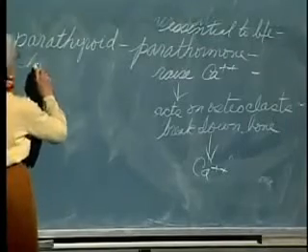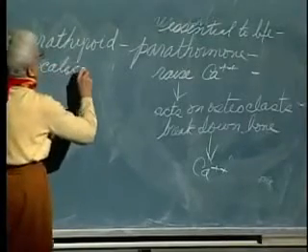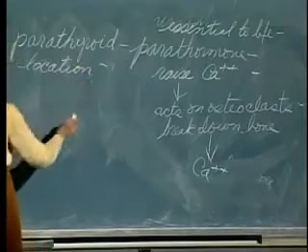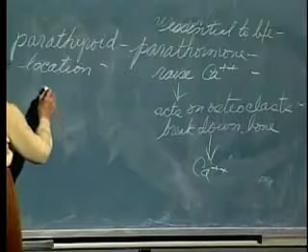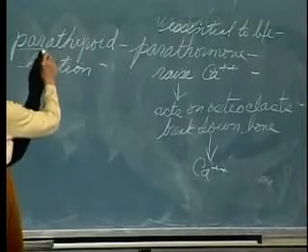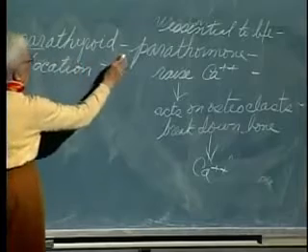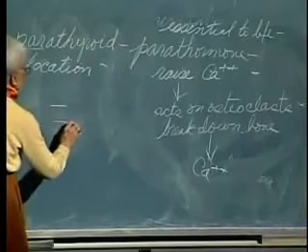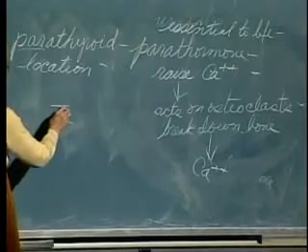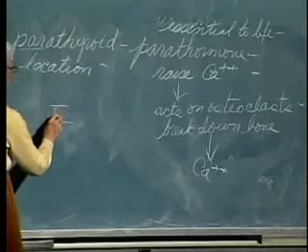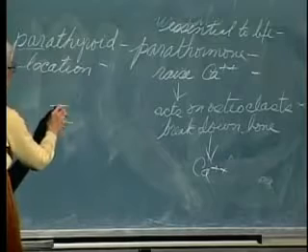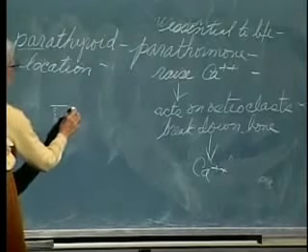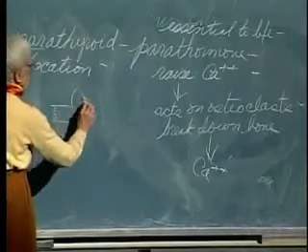What's the location of your parathyroid glands? Well, para means near thyroid. So remember, the isthmus of the thyroid was over the second to fourth tracheal rings, and then it was bilobed.